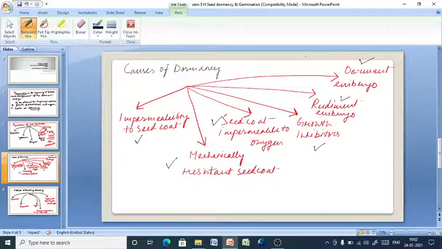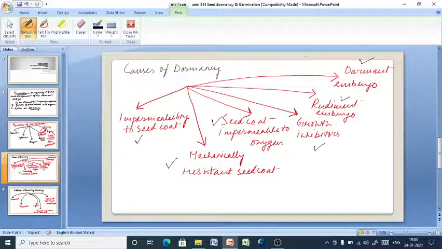Then some growth inhibitors. Some chemical compounds are produced in plants and they can suppress the germination process of the seeds. These are known as inhibitors. The inhibitors not only limit the growth but also provide more complex biochemical mechanisms related to the photosensitivity of the seeds.